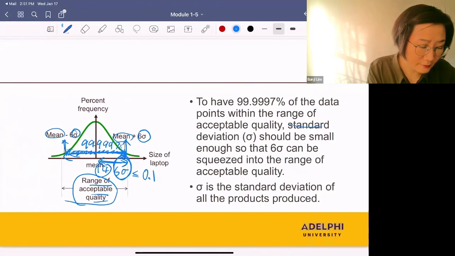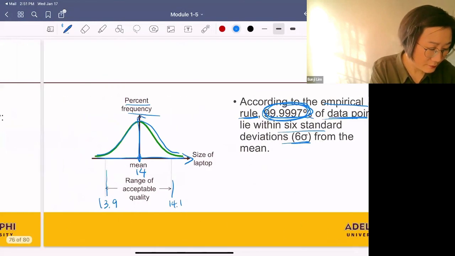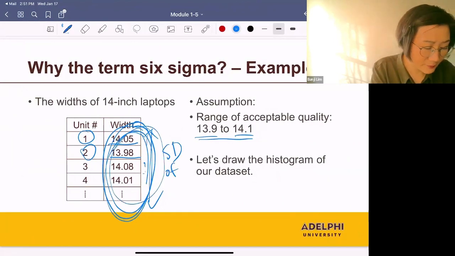So the standard deviation, sigma, should be small enough so that 6 sigma can be squeezed into the range of acceptable quality. And what was sigma? Sigma was the standard deviation of all the products produced. Sigma is the standard deviation of all these numbers in our data set.